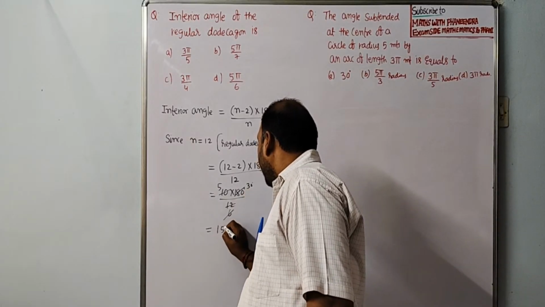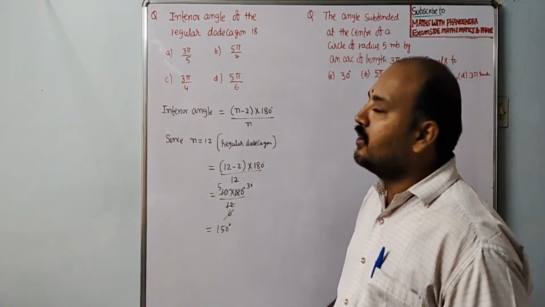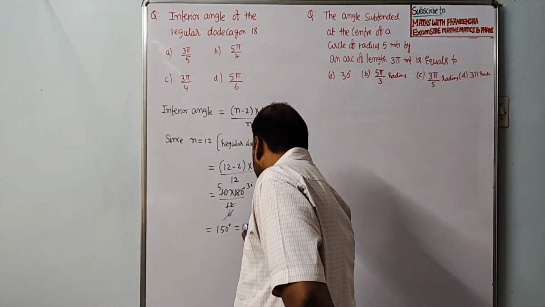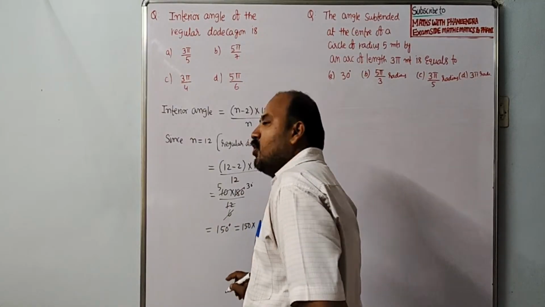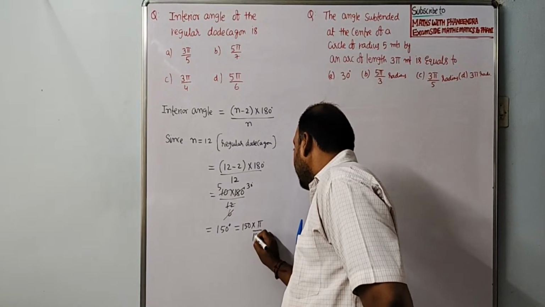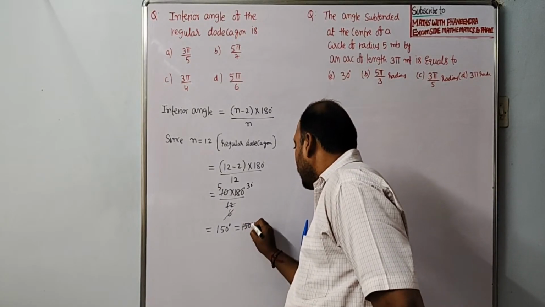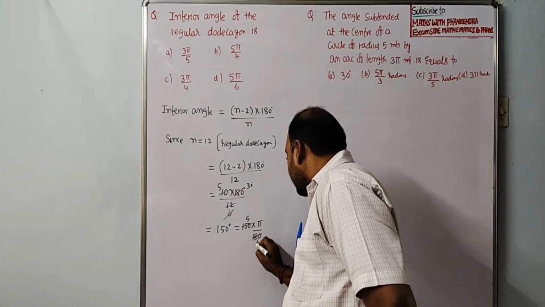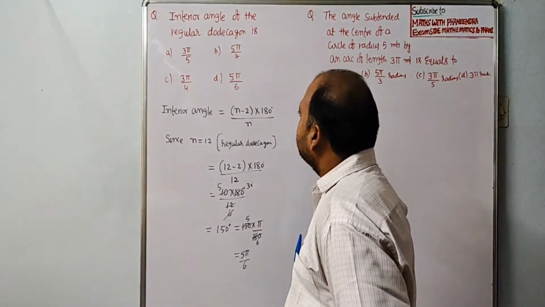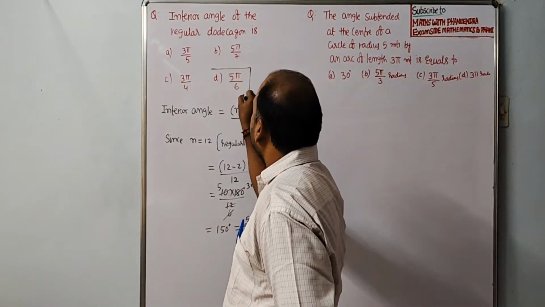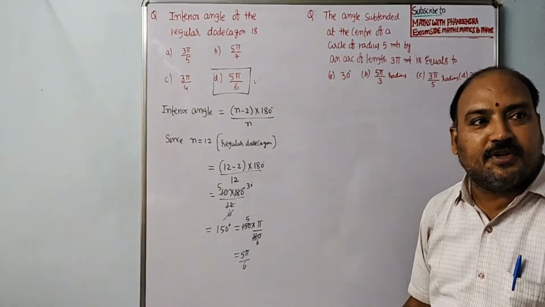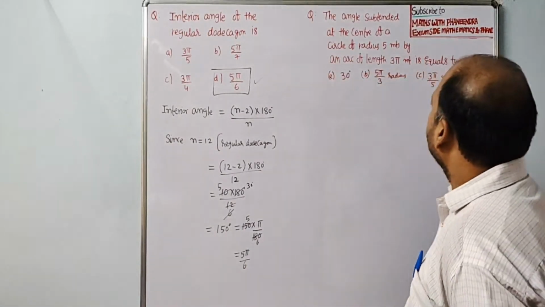So 150 degrees, but the options are not in degrees, they are in radians. So 150 into, 1 degree equals pi by 180. So 5 pi by 6 radians. It is there in the fourth option, dear students. I hope you understand.